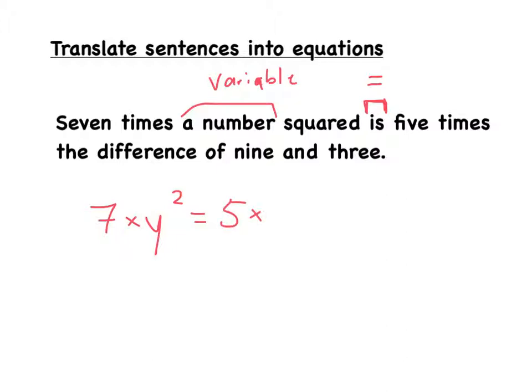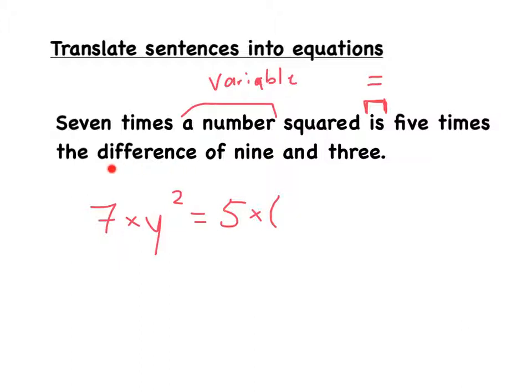And then we want the difference of 9 and 3. So we want to do 5 times whatever the difference of 9 and 3 is. We want to find out what the difference of 9 and 3 is first before we multiply it by 5. So we're going to open up a parentheses, and we're going to find the difference of 9 and 3.